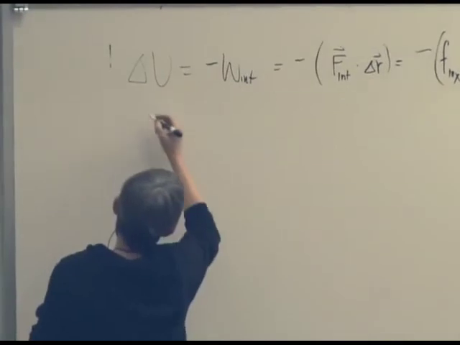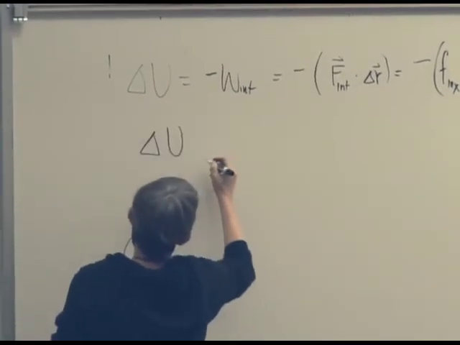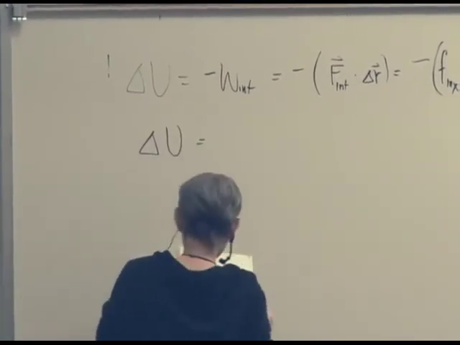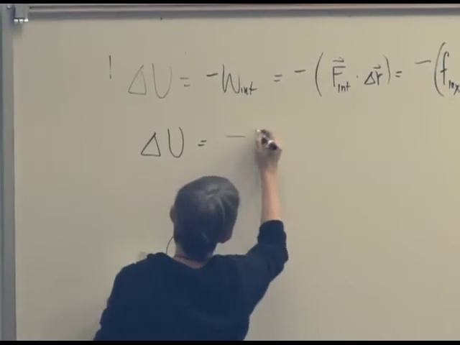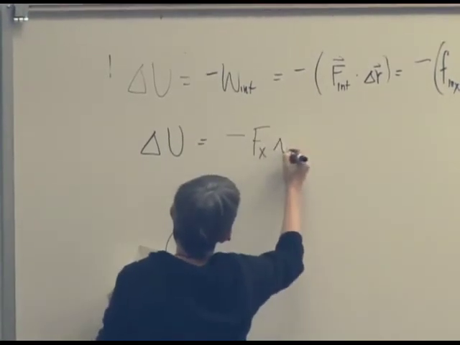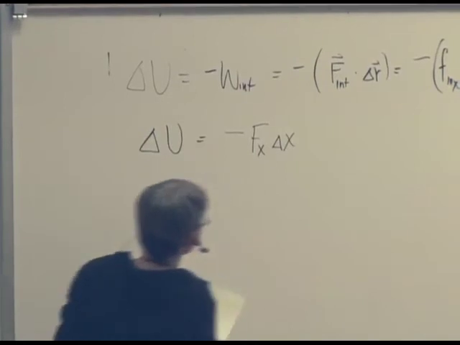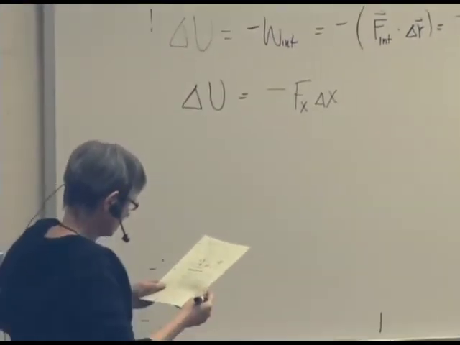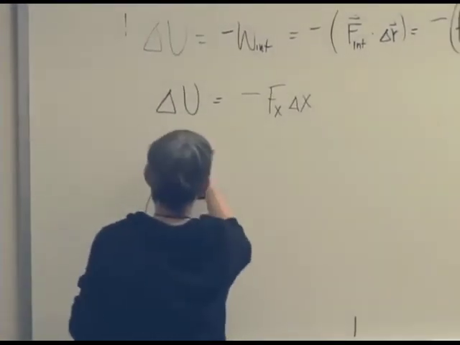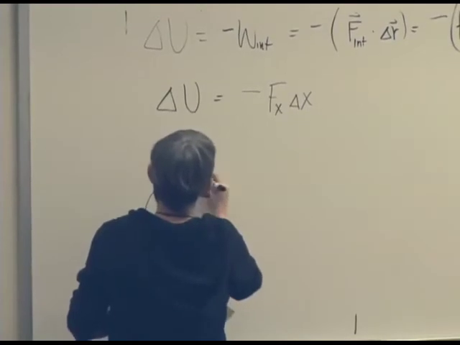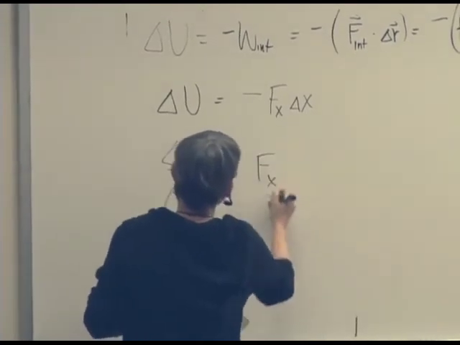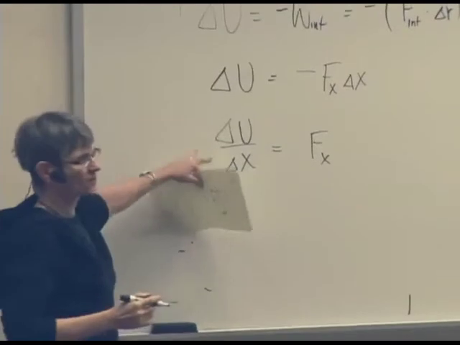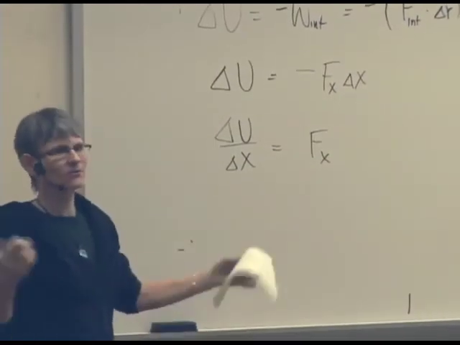So let's just do it in one dimension for a minute. If we have delta U is minus Fx, the x component of the force times delta x, then we can just do a little algebra and write delta U over delta x is minus Fx, and that's going to be true for delta U over delta y is minus Fy.